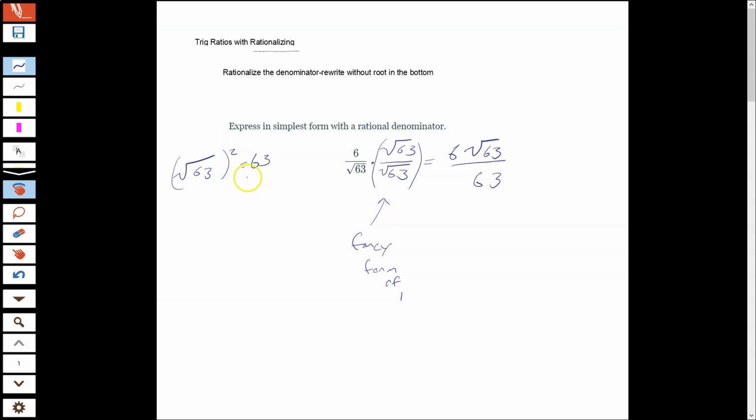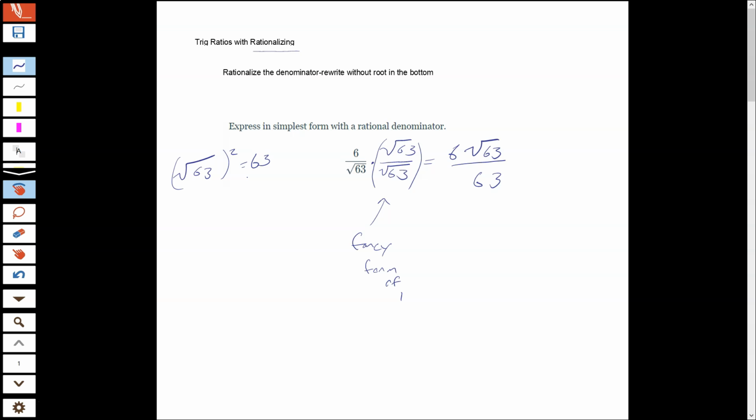The reason we want to do it is kind of an old school thing. This doesn't matter so much anymore. The reason this is the convention is that it makes it easier to estimate what this would be as a decimal. Particularly with the square root of 2, which is a common result that you tend to memorize, and we're going to see square root of 2 a whole lot.